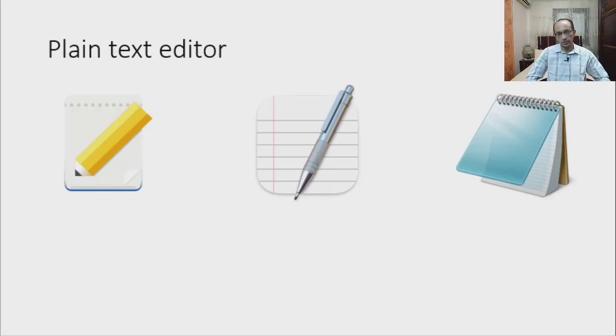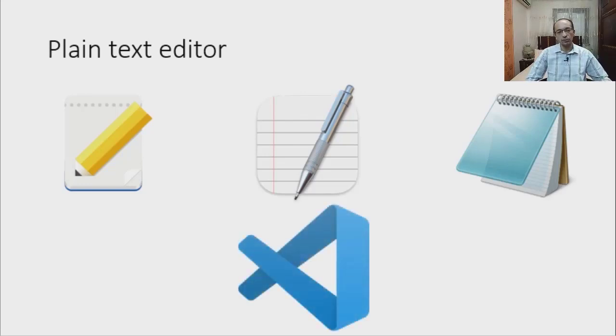But in my opinion, it is better, and in this course I'll use Visual Studio Code, which is a specialized editor for programming, a code editor. You can use any code editor. There are many code editors available in the market. You can choose whatever you feel satisfied with. For me, I'll use Visual Studio Code.